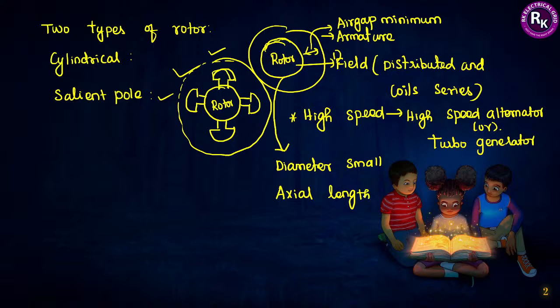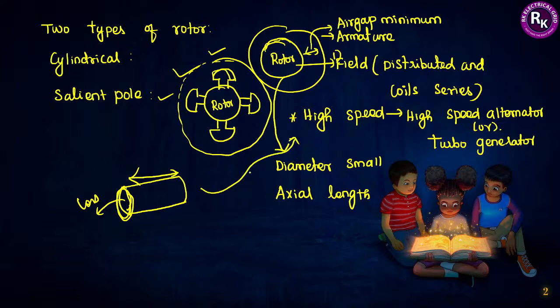Axial length means, so your stator is like this. This is the basic side view of this rotor structure. If I am observing this, this is the front view, cross sectional view. So here this diameter is very less, whereas this axial length is very high, such that it can be operated at a very high speed.